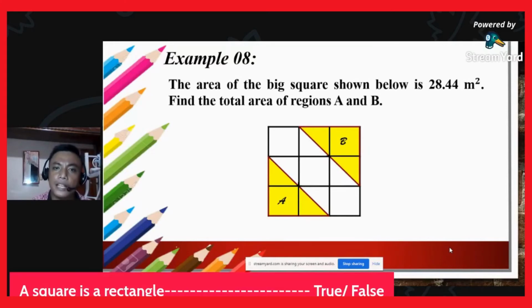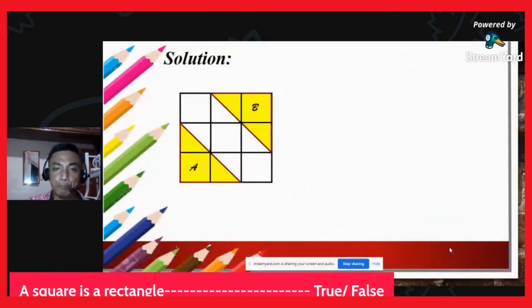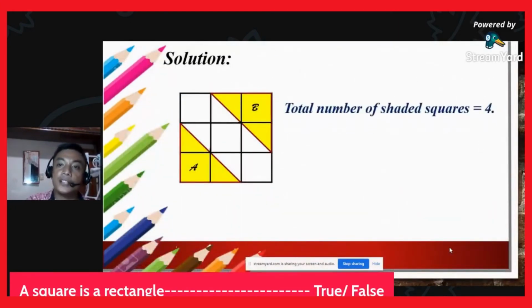Now, let's focus on the two shaded triangles. How many squares can be formed from triangle A and triangle B? Is it 4? From the figure, the total number of shaded squares is 4.